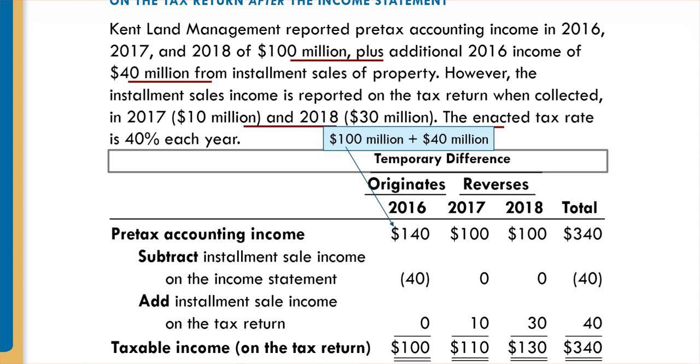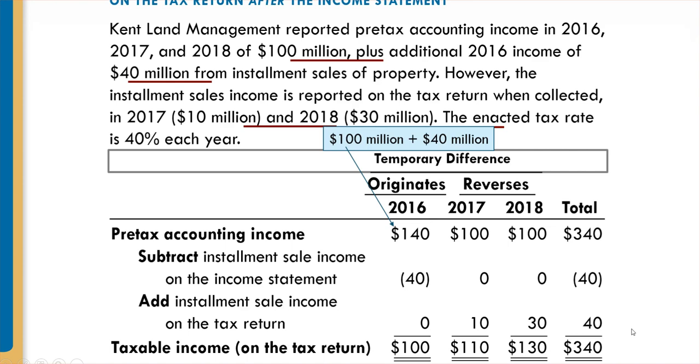However, if the law was 25% in one year, 35% in another year, you're going to have to do the math. You're going to have to multiply 10 times 25 and 30 times the 35 and come up with a combined number to put in as your deferred tax liability. The way they do the schedules here is they create it here and then they subtract it on a separate line.